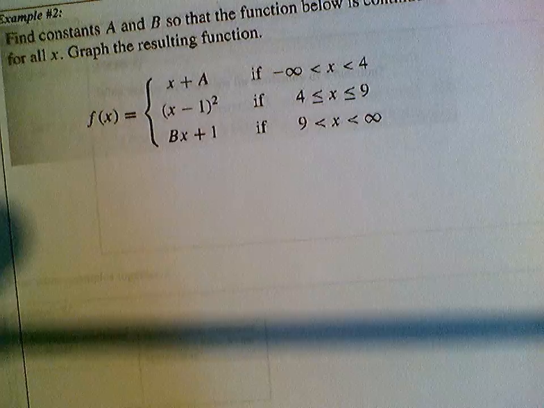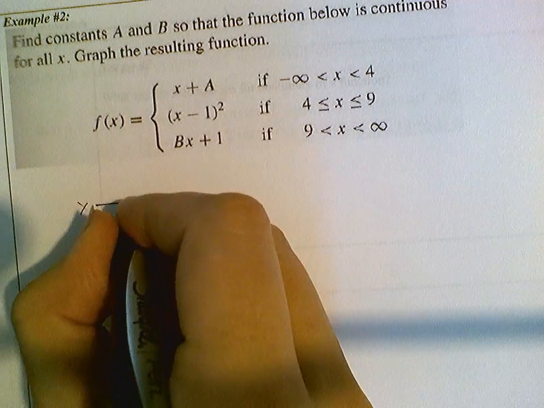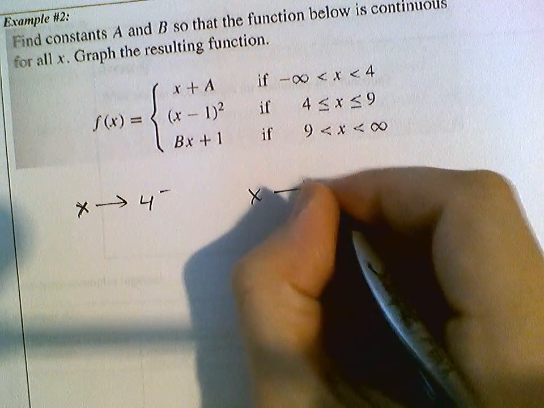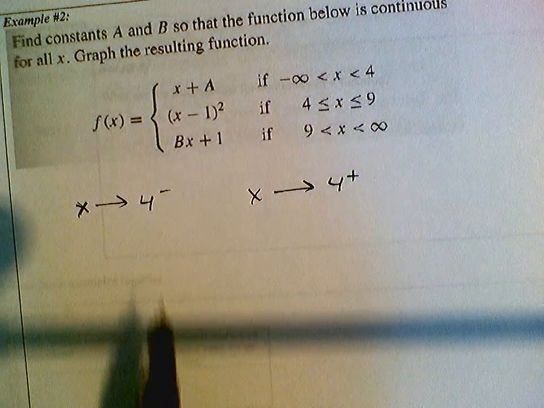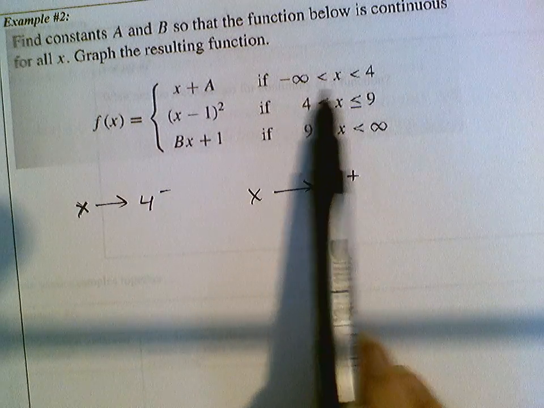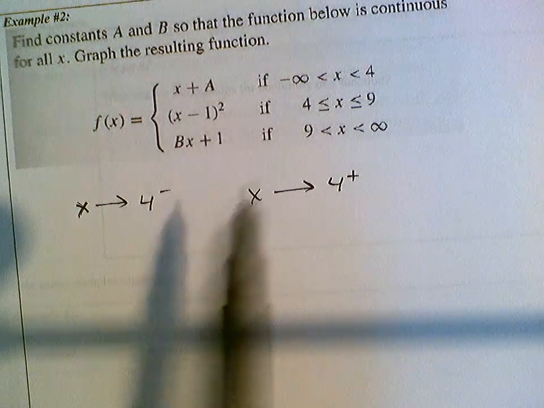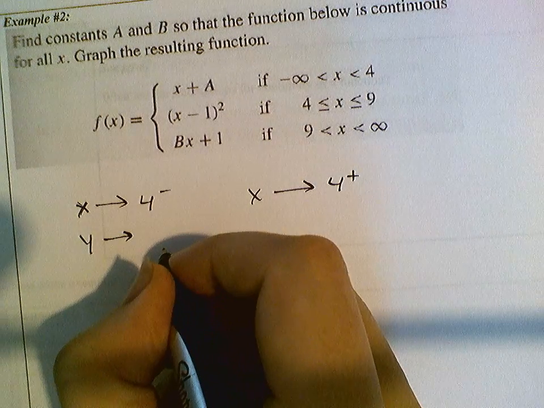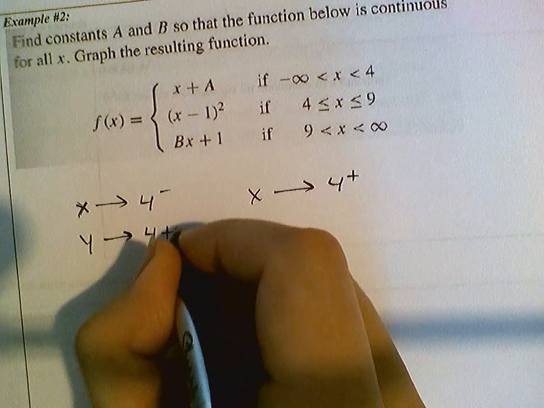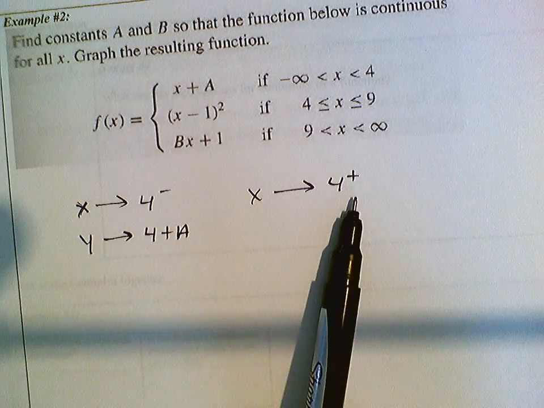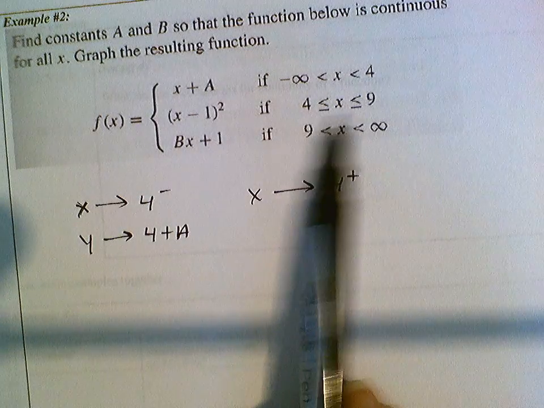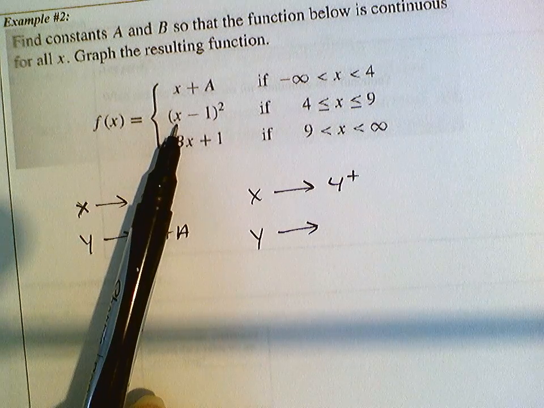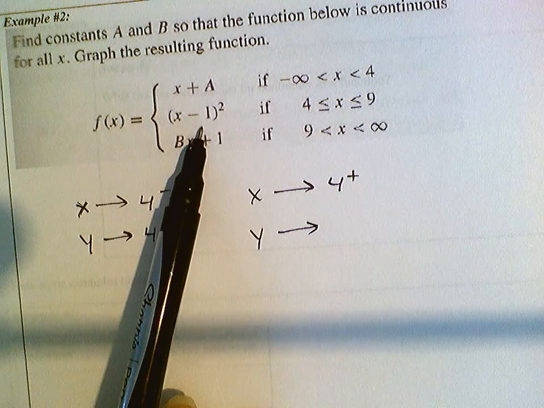Okay, so as x approaches 4 from the left, and then I want x approaching 4 from the right. As x approaches 4 from the left, I'm on this interval, so I'm using the top piece. So y is approaching 4 plus a. And then from the right, I'm on this interval, so y is approaching something very close to 4 in there, which makes this very close to 3.